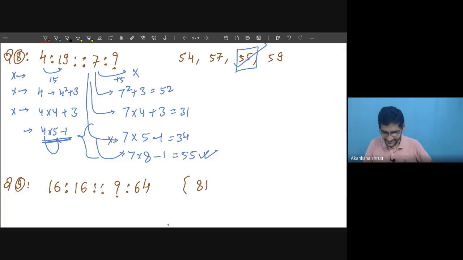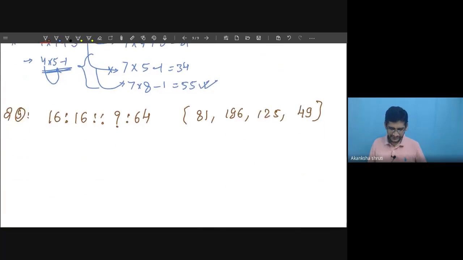So let me write 81, 196, 125, and then 49. These are in option. Which one is correct? The student, tell me quickly. Very easy.